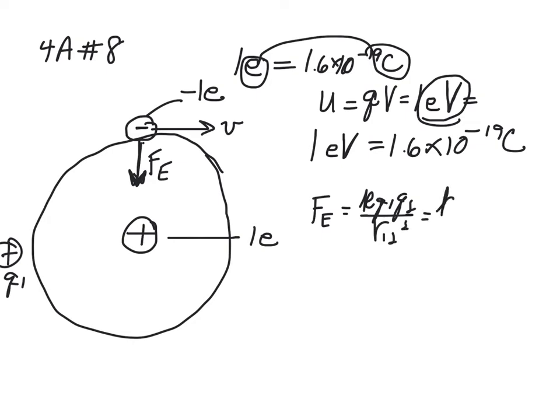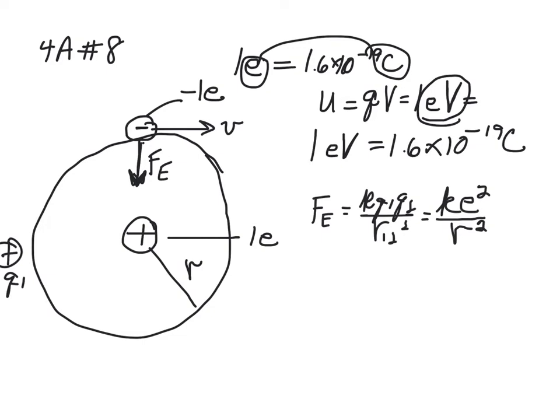K, of course, is K, Q1 is e, Q2 is e. We're just calculating the magnitude, so it's e squared, the product of the 2 charges of the same size. And the distance is the radius of the hydrogen atom that we're given, squared.